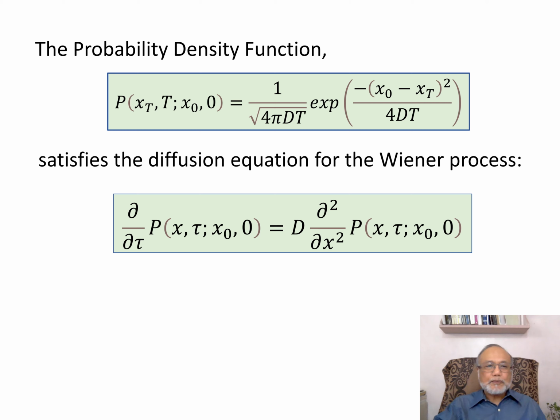And note that the probability density function that we obtained satisfies the diffusion equation that we are familiar with, and this diffusion equation, or the Brownian motion, is also often referred to as the Wiener process. So that's it for this lecture. We have now obtained our first probability density function in closed form for the simplest prototype, which is Brownian motion. So thank you for listening.